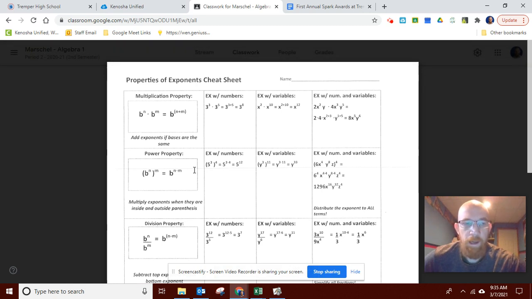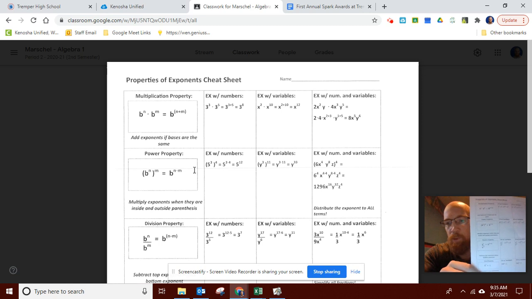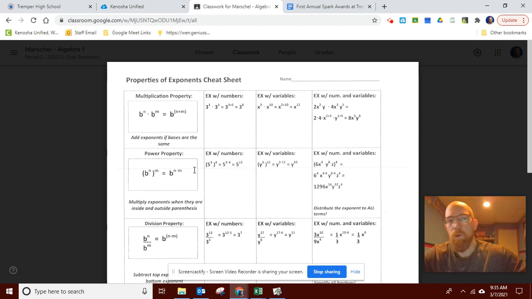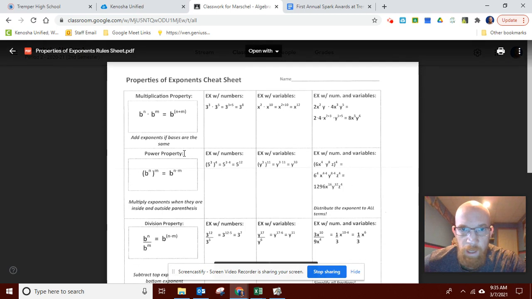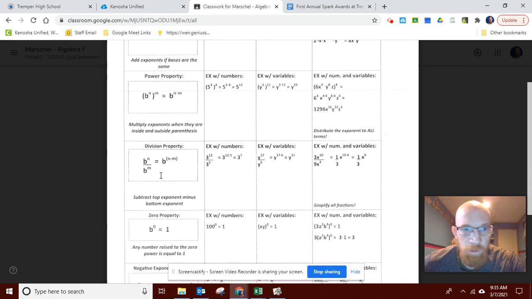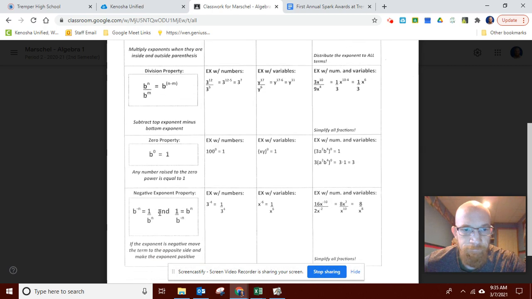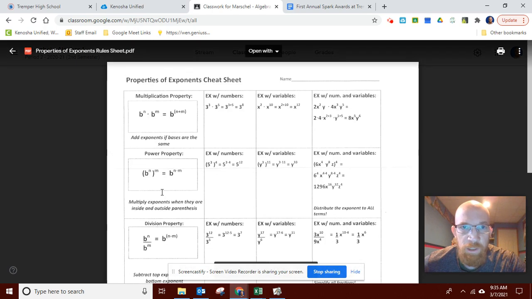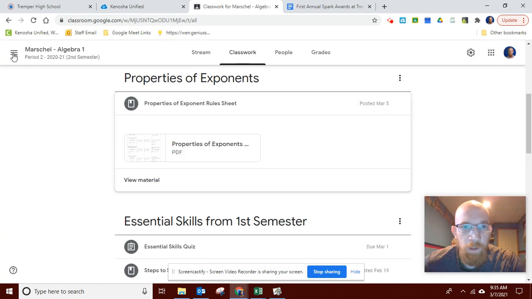For you in-person students, eventually I will hand those to you so you can have them on your desk. But for now, everybody can have this right here. It tells you each property and what you're supposed to do. Once you study it a little bit, it'll make sense and it'll help you. So I would have that out as I do this work.